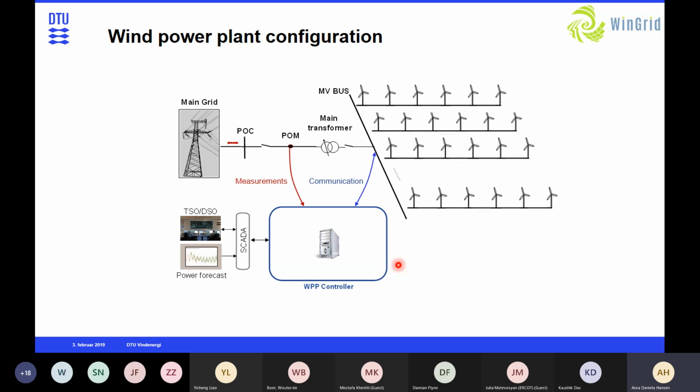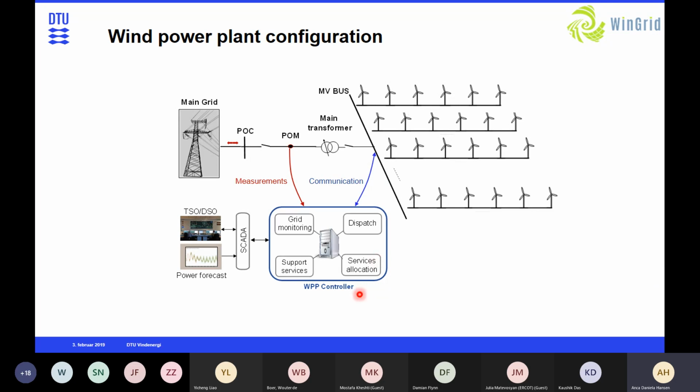Before this, we can see that the wind power plant controller is getting external power set points and commands via the SCADA system, and this also uses a wind power forecast algorithm to estimate future available wind power.